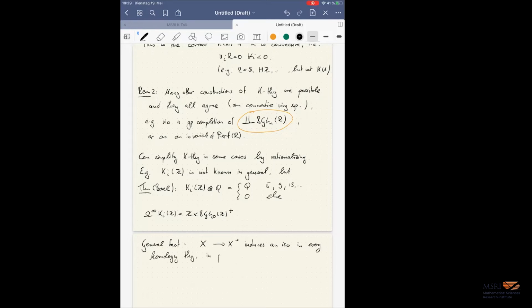In particular, in rational homology. So this means that the rational homology of this infinite loop space, and let me just leave out the Z component. So it's not what I want to write here.